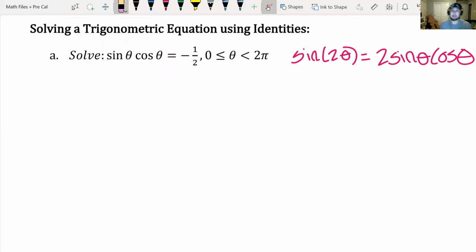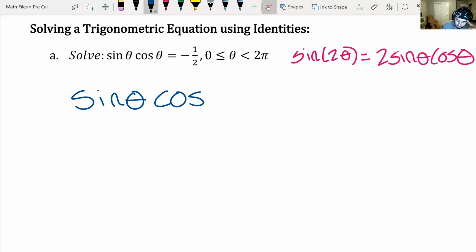Look at the right side of our equation. The right side of our equation is equal to negative 1/2. And since this is an equation, you can manipulate it however you want. So what I'm going to do here, I will rewrite it first. So we have sine theta cosine theta equal to negative 1/2.